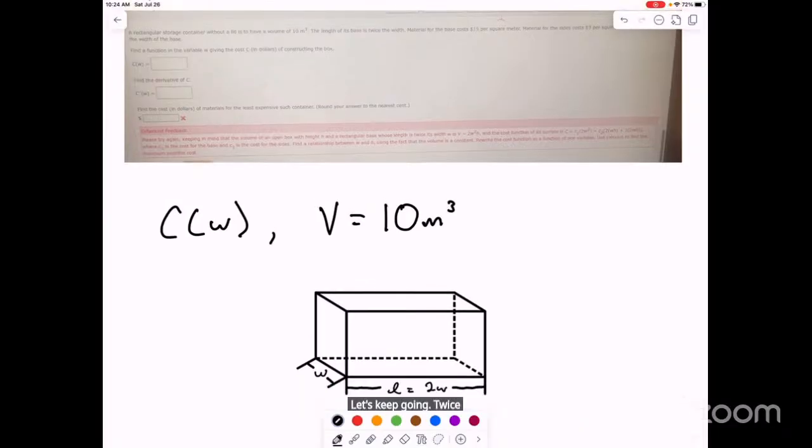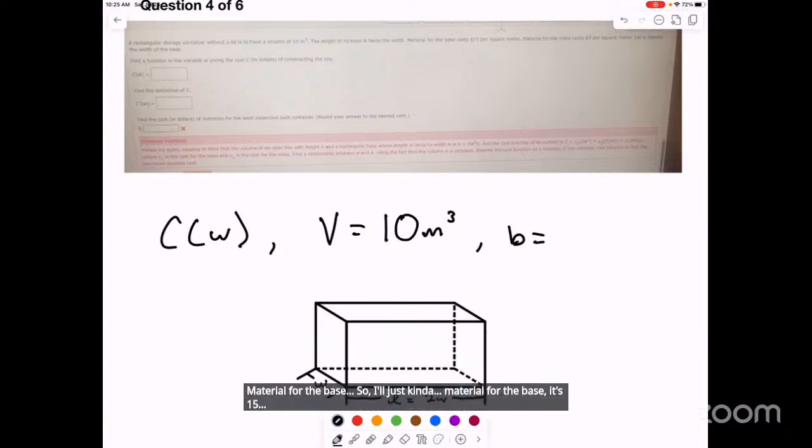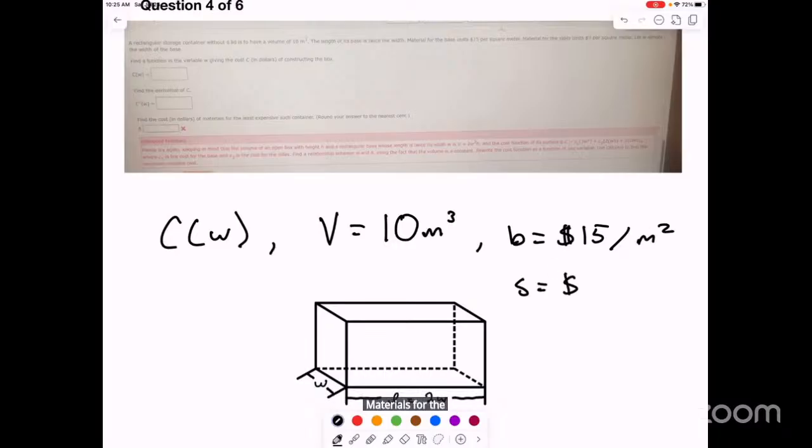Twice the width. Material for the base is $15 per meter squared. Materials for the side is $9 per meter squared.